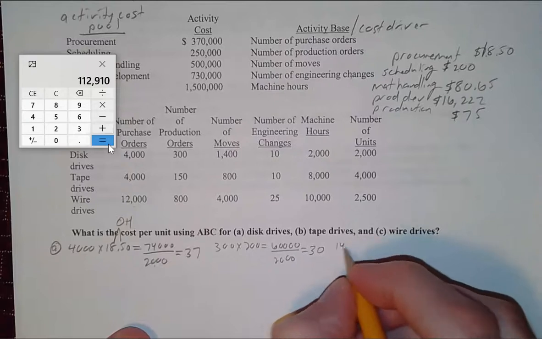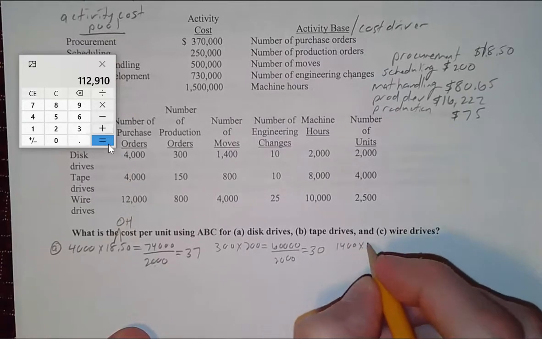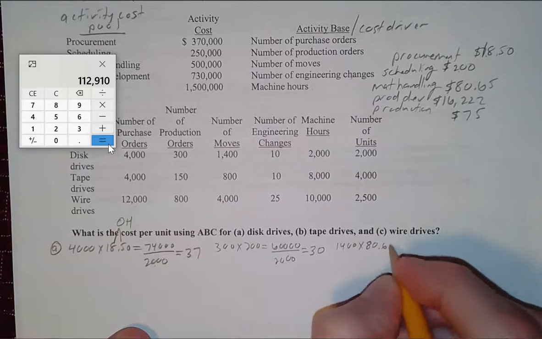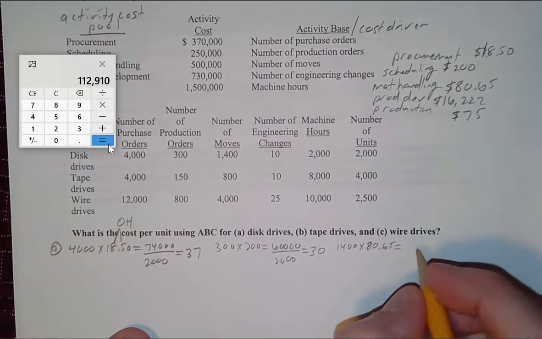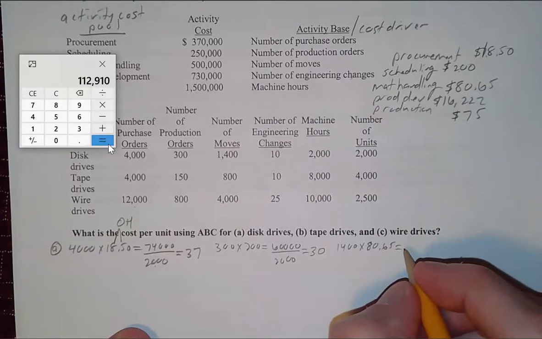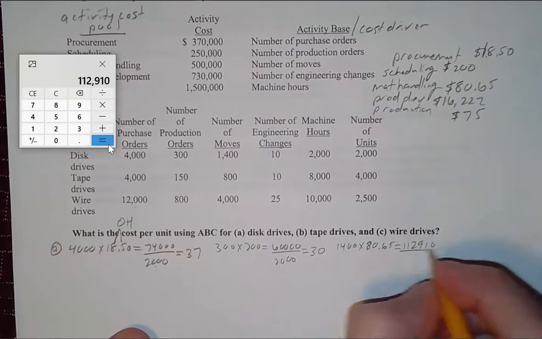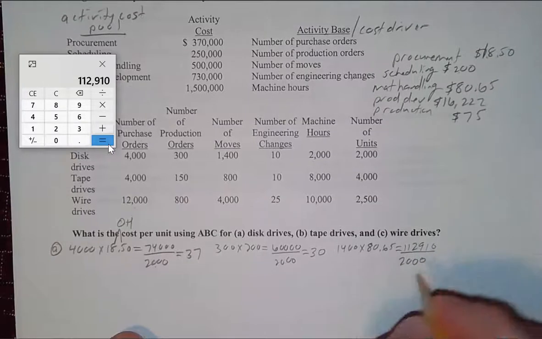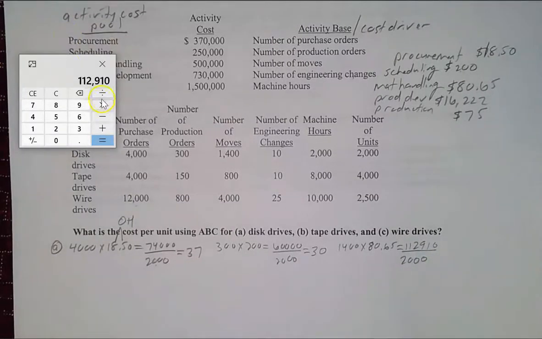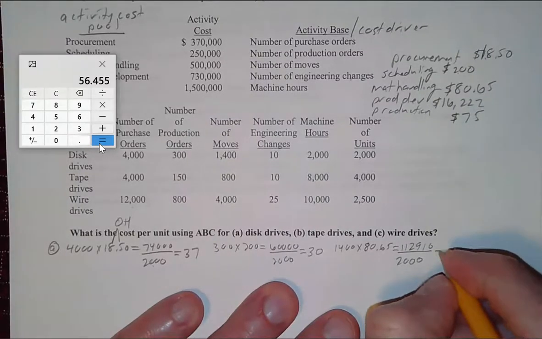Let's see, I'm going to go 1,400 first times the activity rate of 80.65, and that is going to give us $112,910 divided by 2,000. So 56.46. We'll just go with that.